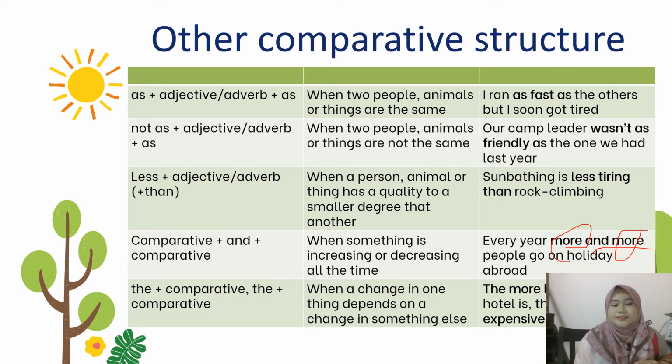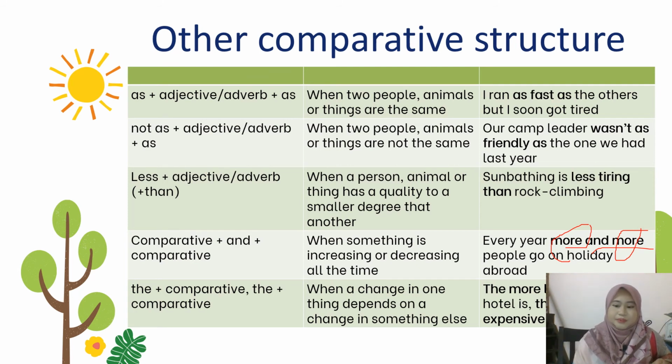Last form is the plus comparative, the plus comparative. So you use this structure when a change in one thing depends on a change in something else. Perubahan dalam sesuatu perkara atau satu benda bergantung kepada perkara yang lagi satu.